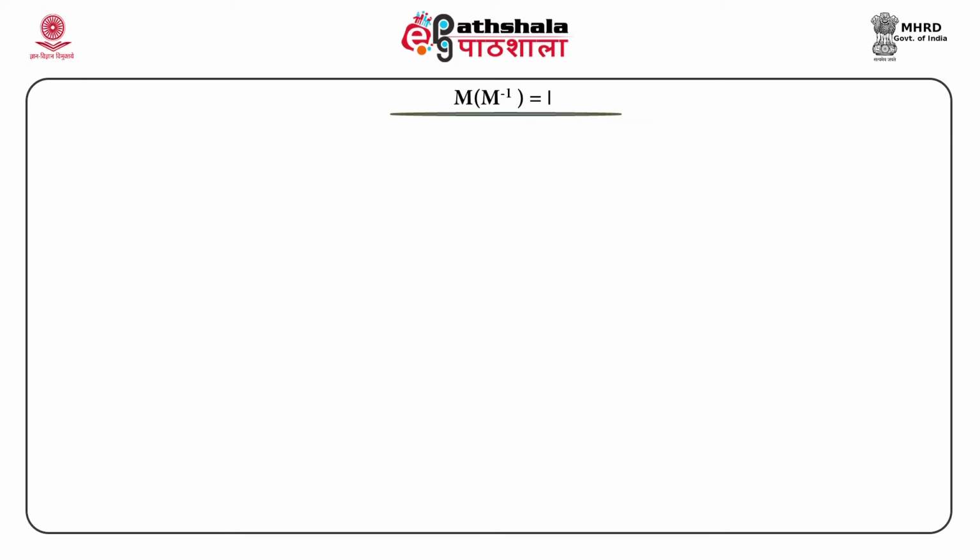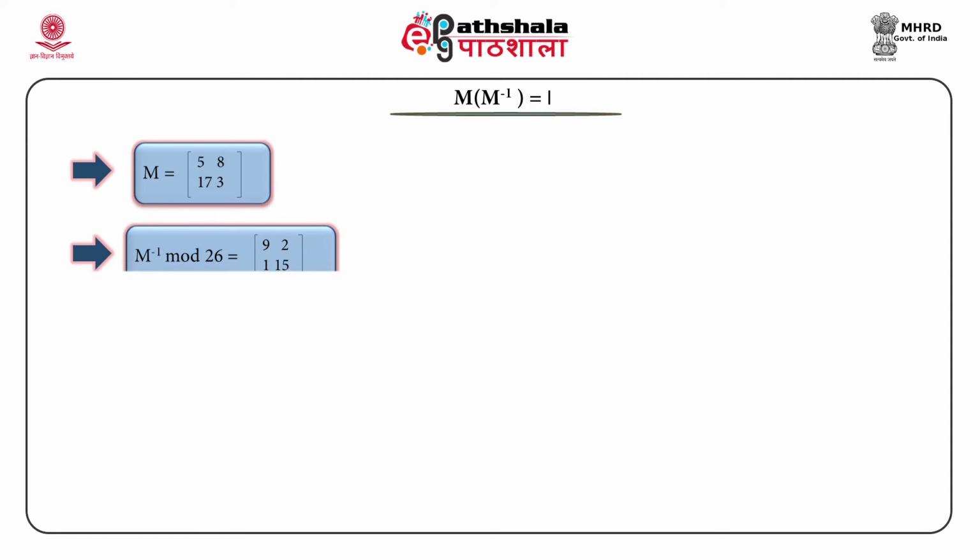For example, I want to show you that M inverse gives you the identity matrix. For that, we have considered M to be 5 and 8 in the first row, and 17 and 3 in the second row. We have calculated M inverse mod 26. Why did we use mod 26?